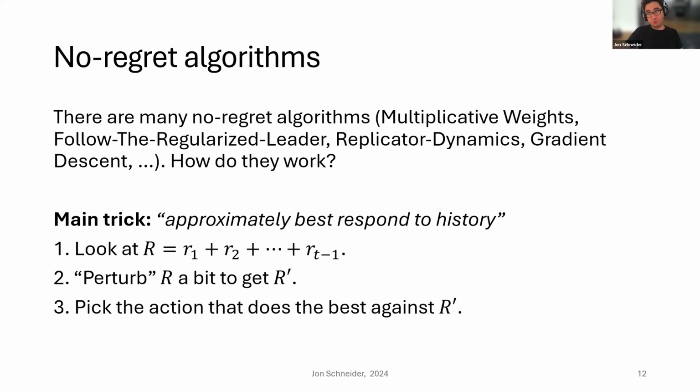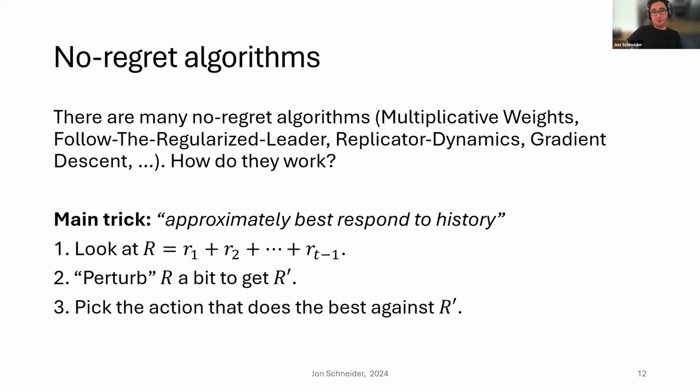Okay, great. So this is the notion of external regret. Can you actually get a no regret algorithm? And the answer is yes. There's many different types of no regret algorithms, like multiplicative weights, follow the regularized leader, replicator dynamics, gradient descent. How they work is not going to be very important for this talk, but one main trick that a lot of them use is that they approximately best respond to history.